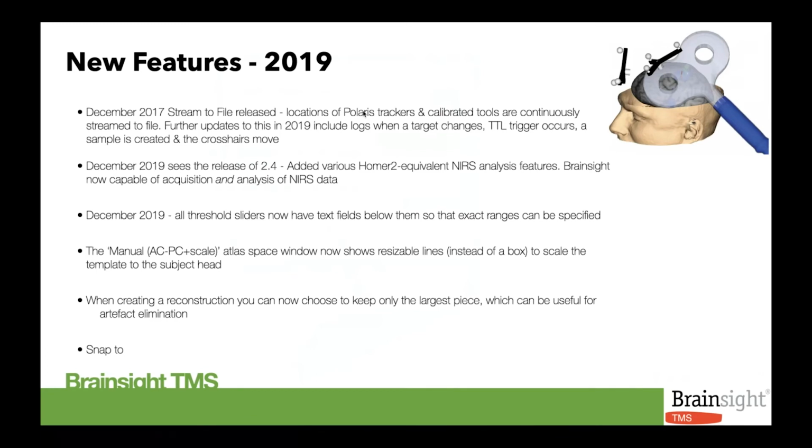Sometimes with structural data that's been imported, there'll be some weird floating bits and bobs. But this keep only largest piece option allows us to tick a box and remove all of those floating bits and bobs, so we're left with some really nice, clean structural head model data.